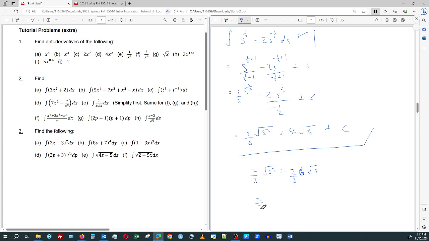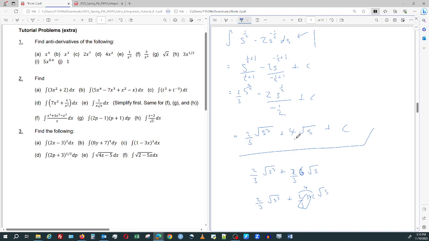So 2/3 s cubed plus, now the factors of 6 are 3 and 2. Okay, so those two there represent 4, and 3 over 3 represents 1.